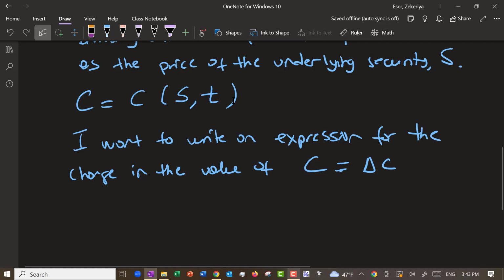And without loss of too much generality, we're going to assume that that function is actually continuous. There's no jumps in the graph. That's what continuity means.